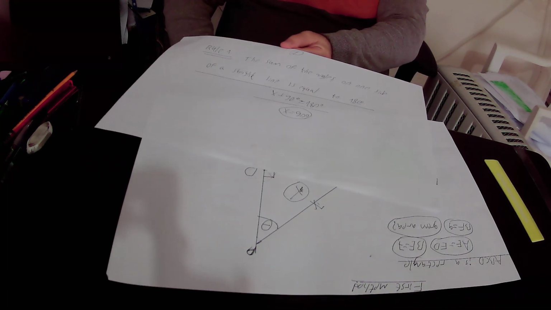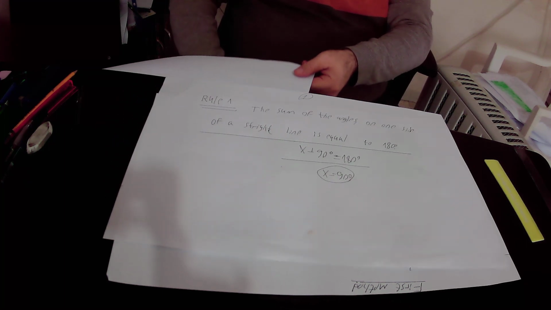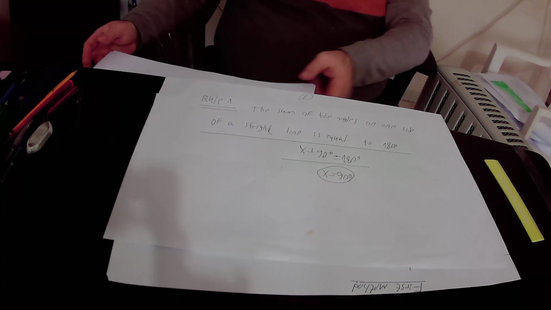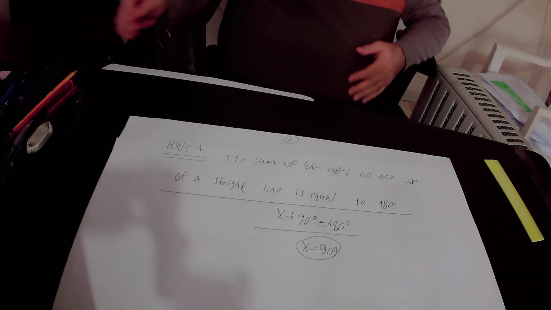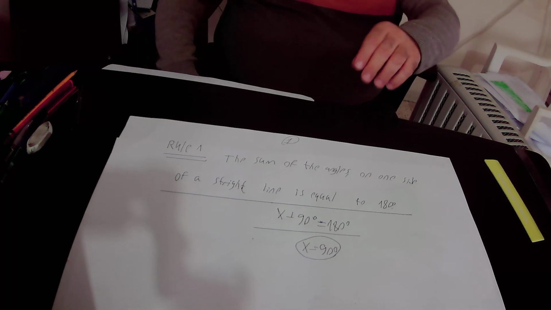And we have rule number 1. It states that the sum of the angles on one side of a straight line is equal to 180 degrees.